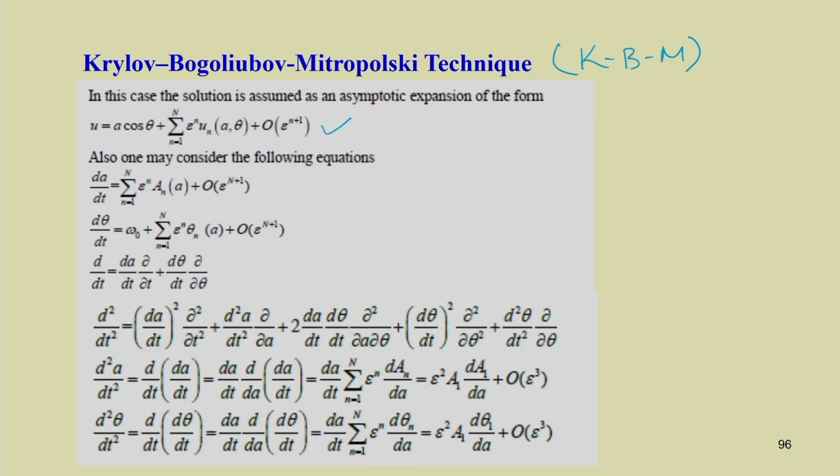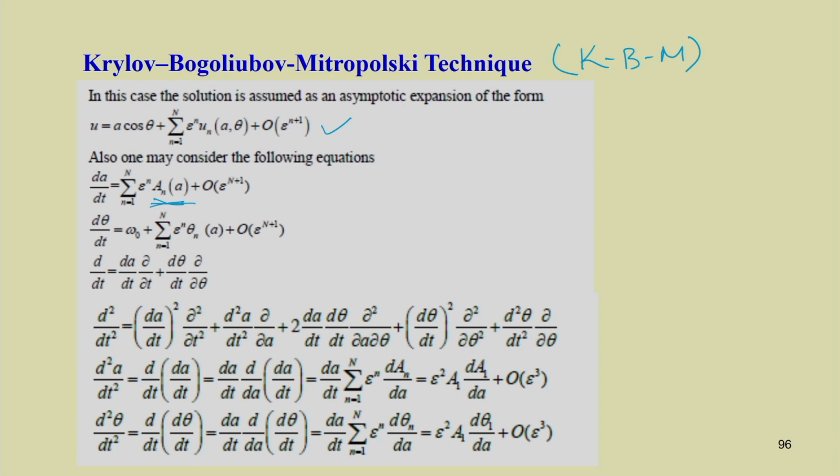But here we are assuming dA by dt equal to summation n equal to 1 to n of epsilon n A n of A. Here A n is not a function of theta. Similarly, d theta by dt equal to omega 0 plus summation n equal to 1 to n of epsilon n theta n of A, plus order of epsilon to the power n plus 1.